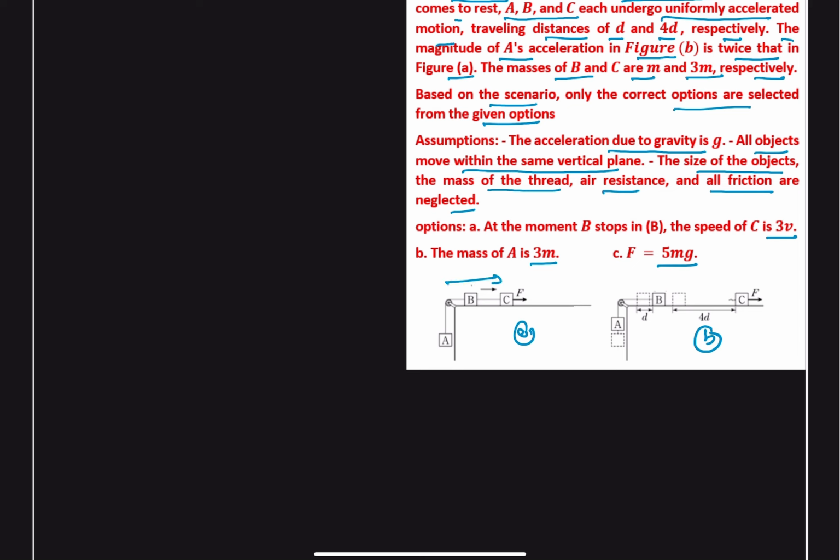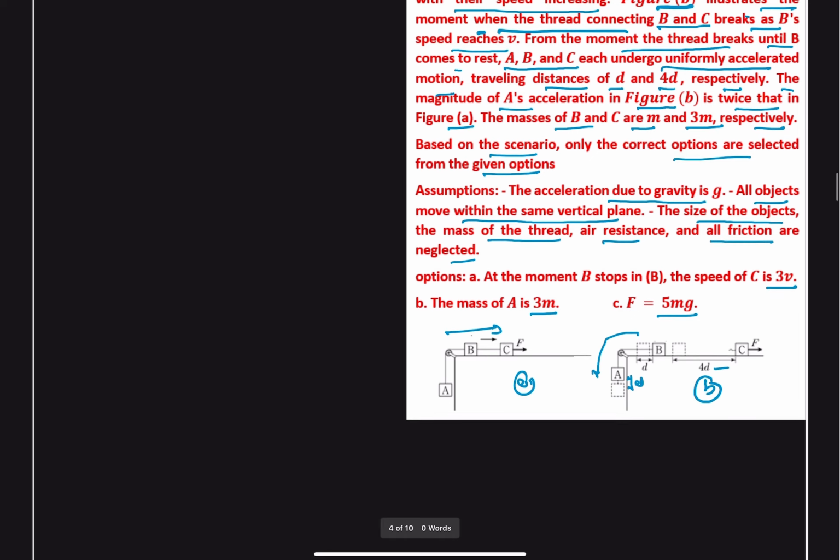Because of this, A and B move in the opposite direction to the initial acceleration, and B moves by a distance d, A also moves by a distance d, and C moves by a distance of 4d. So this is the information given to us, and we are supposed to find out which of these three options A, B and C are true.